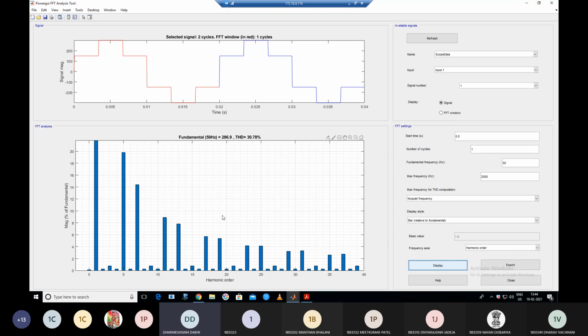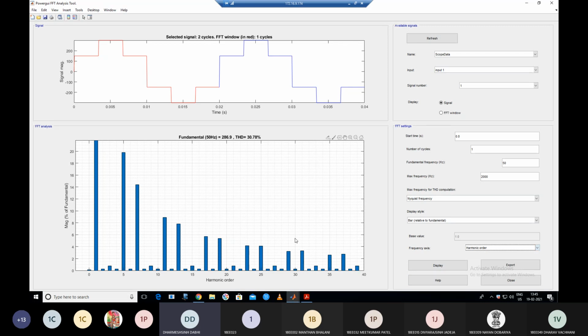That's why the THD is very low compared to the single phase inverter. In the single phase inverter the THD is very high because the third order harmonic component is very high. If you remember clearly, it is 33%. Clear?